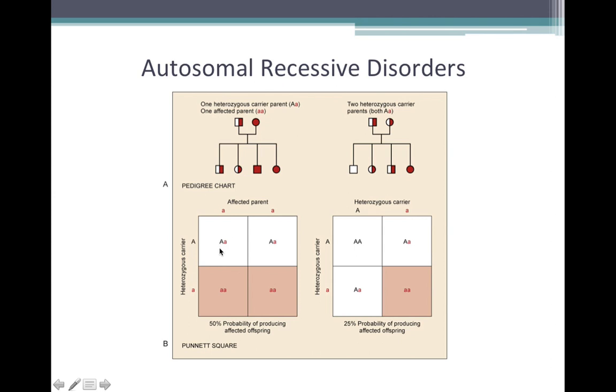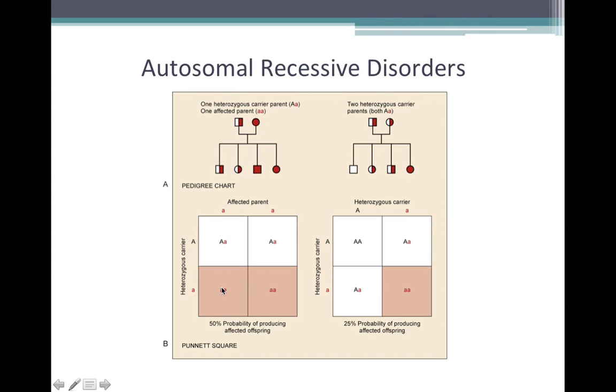We just add these together. We have one good copy here, one bad copy here, so we have a child that's a carrier here, a child that's a carrier here, but then we have two children that are affected. So the chance of having a child with this disease, if you have one affected parent and one parent who's a carrier, is 1 in 2, or basically half.